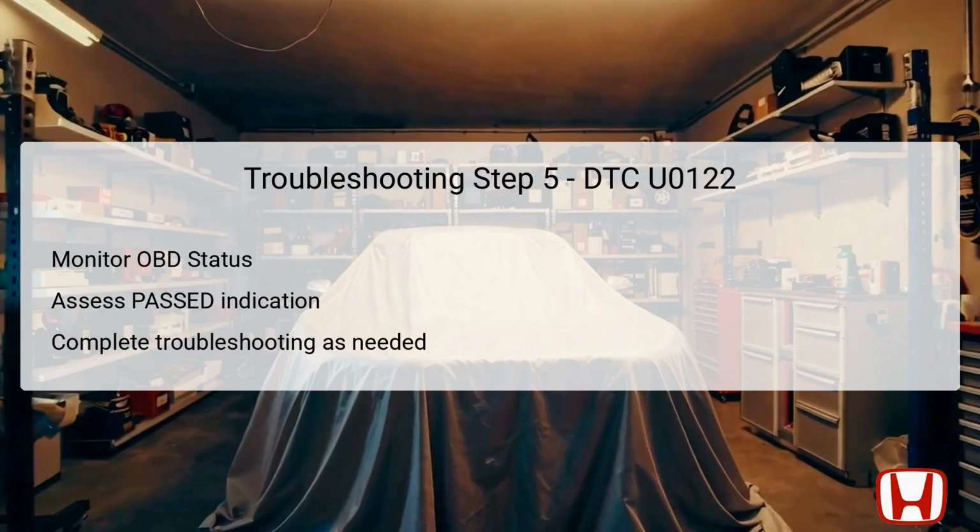In this fifth step, you must monitor the onboard diagnostics (OBD) status for DTC U0122 within the HDS system. This assessment indicates whether any issues with the communication between the components have been resolved. If the status indicates passed, it offers relief that the automotive systems are currently functioning correctly.